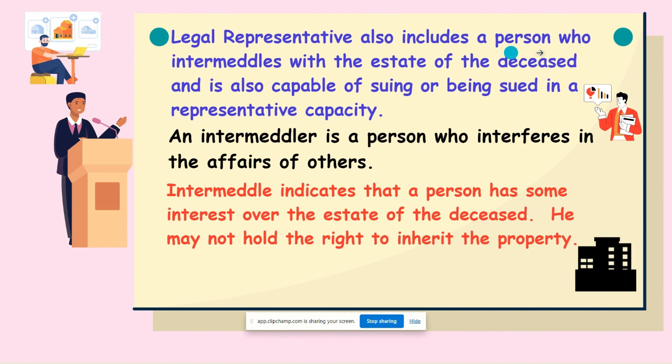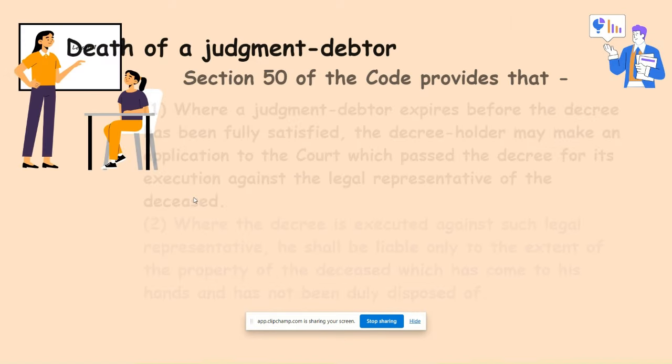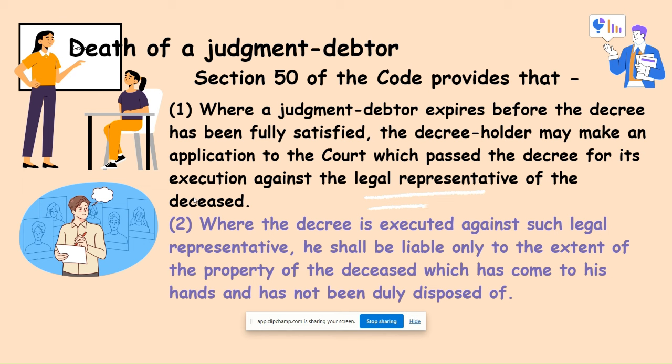Legal representative also includes a person who intermeddles with the estate of the deceased and is also capable of suing and being sued in a representative capacity. So this is so far as the intermeddler is concerned.